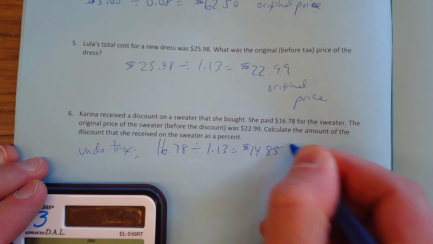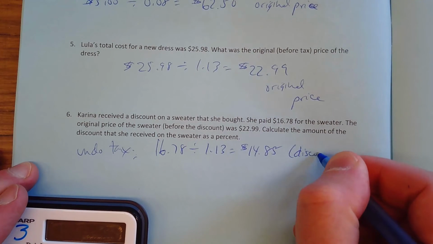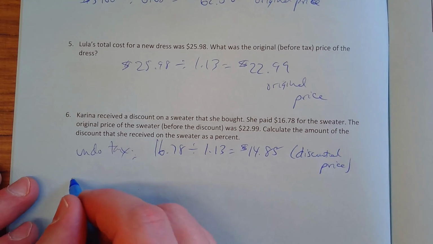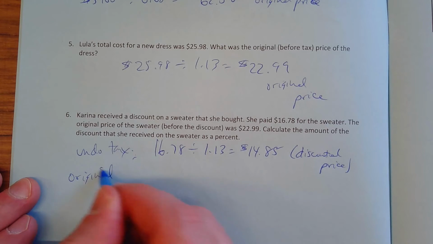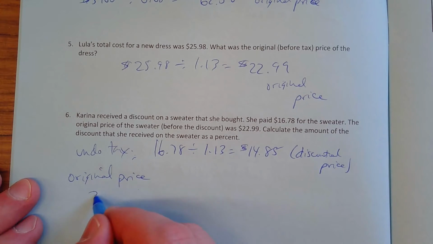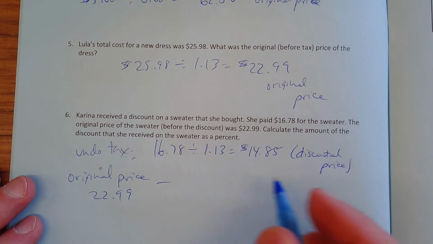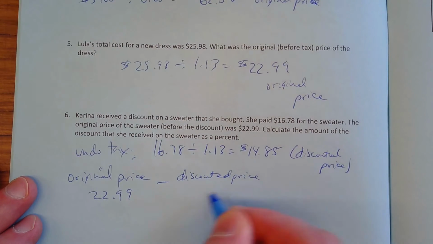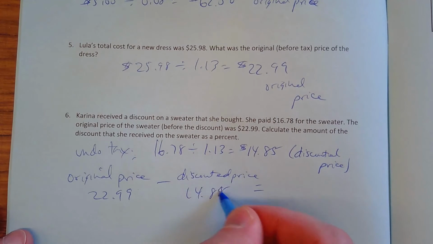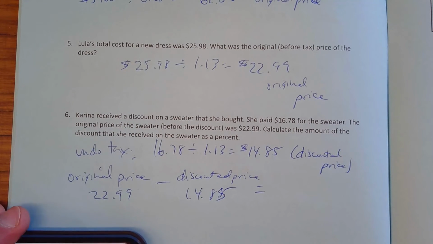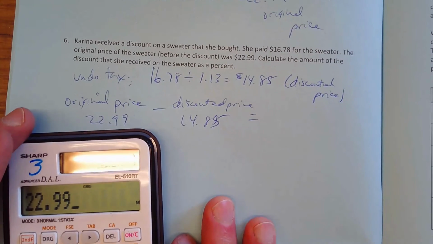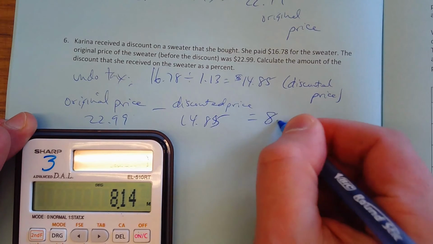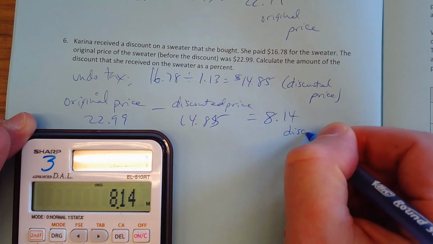So take the $16.78, divide by 1.13. And that's $14.85. And that was the discounted price, right? Okay, it says the original price was $22.99, and if we took away the discounted price, which was $14.85, so $22.99 minus $14.85 is $8.14 as a discount.